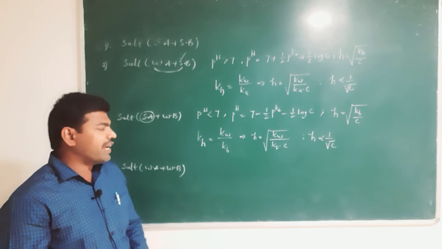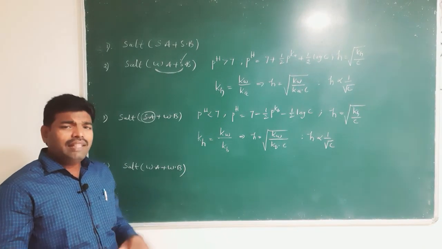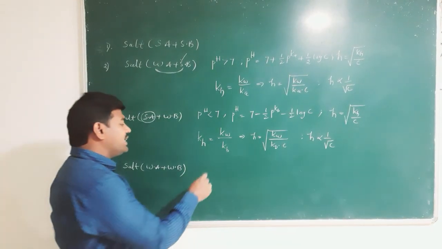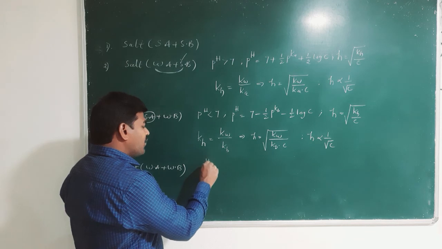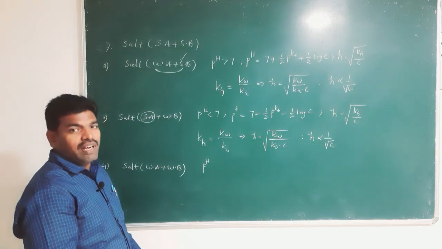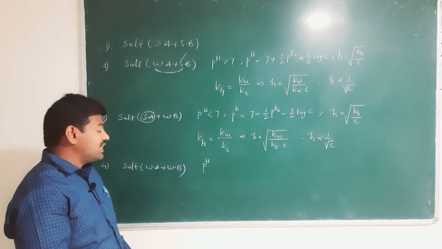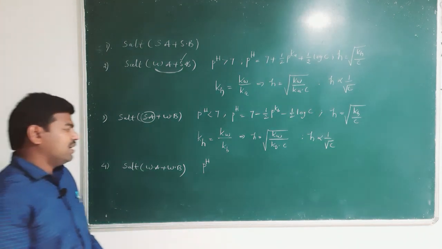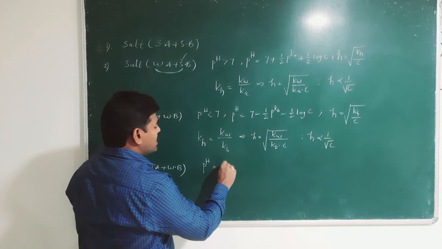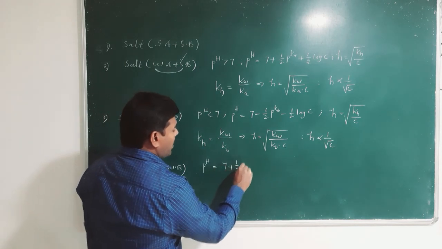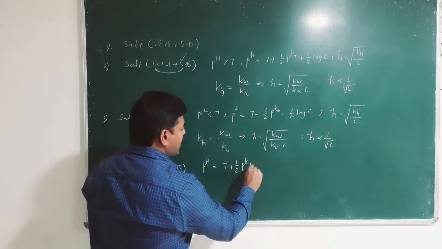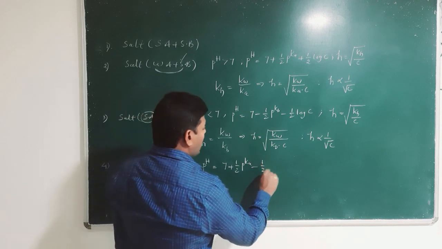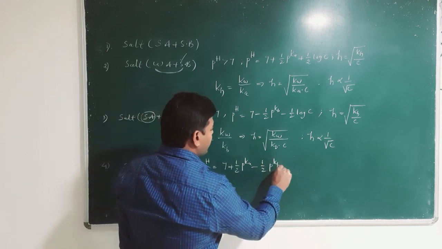And the equation to calculate the pH of such a resulting solution is pH is equal to 7 plus 1 by 2 pKa minus 1 by 2 pKb.